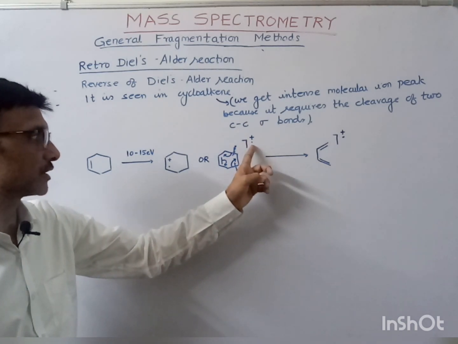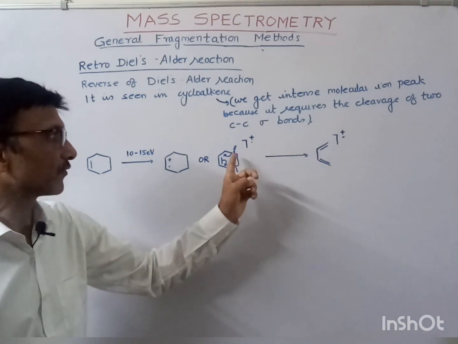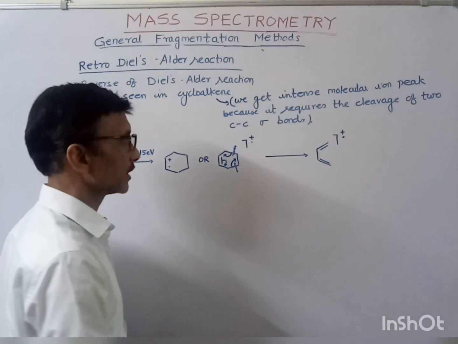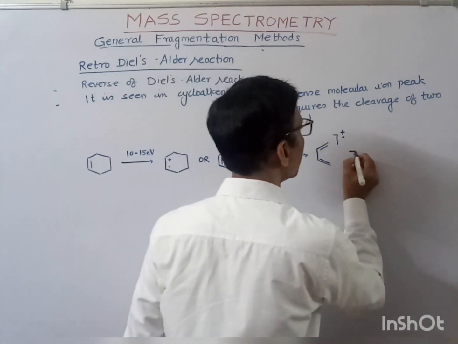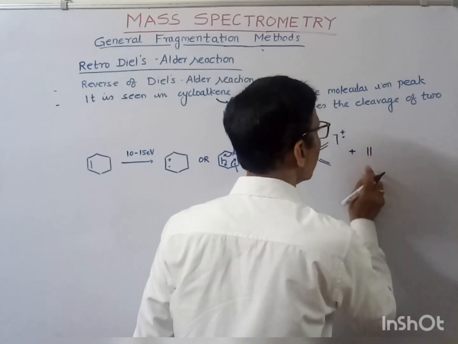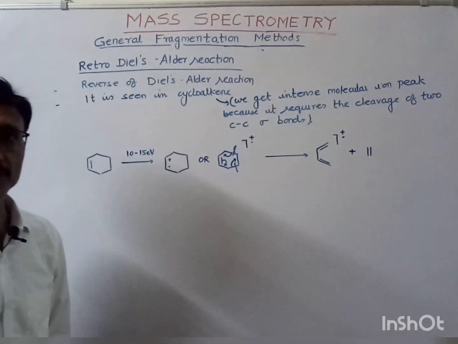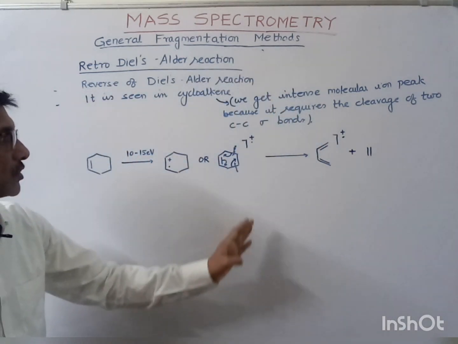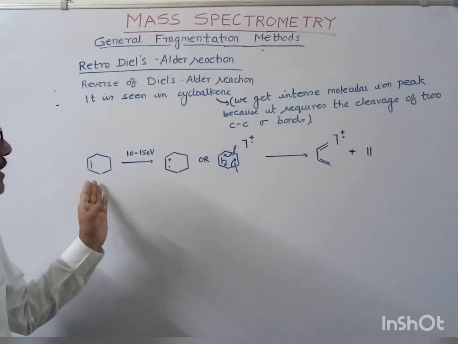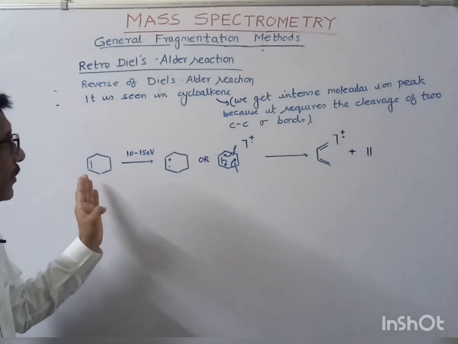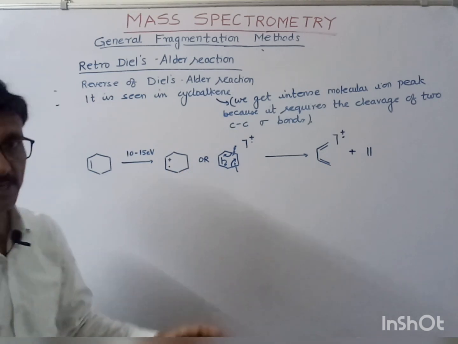The radical cation is present over here. Again, after this cleavage, we are getting the radical cation plus one alkene. Means we are getting the diene and dienophile after the retro-Diels-Alder fragmentation reaction. This is one of the cases where the cycloalkene undergoes the retro-Diels-Alder reaction.